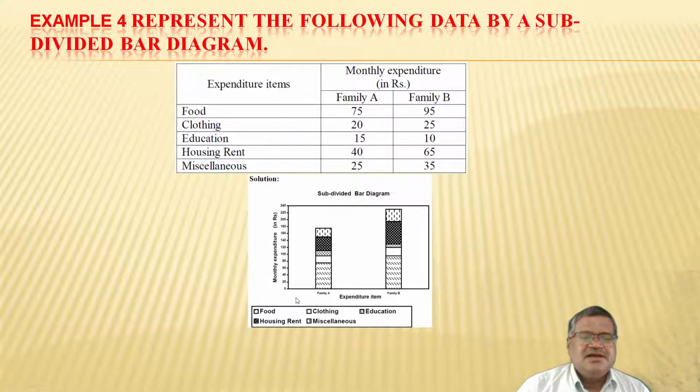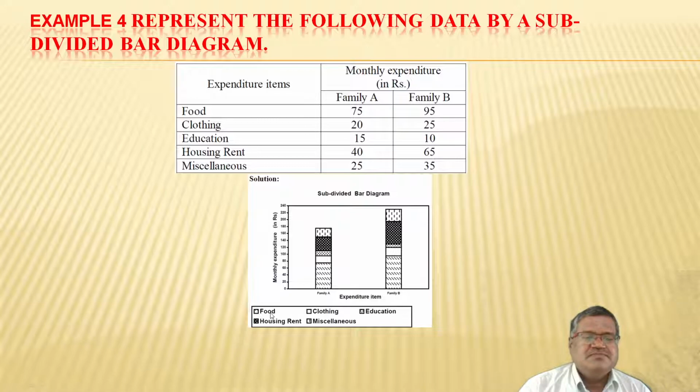Look here. The monthly expenditure is taken on the y-axis, and the families on the x-axis. For family A we have shown 75 for food. Similarly for family B, 95 for food. We subdivide the various expenditure items for family A here.